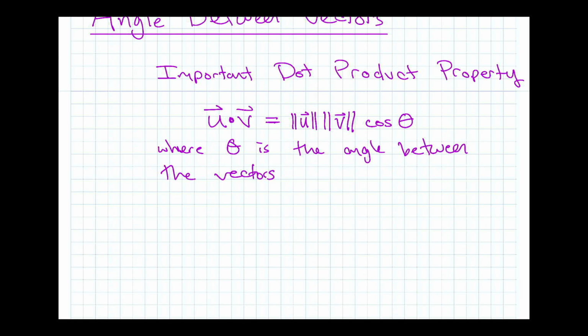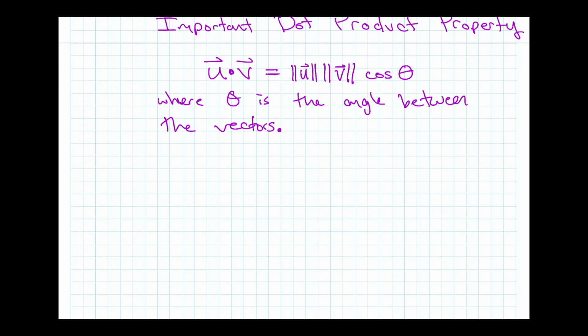Okay. So the proof is a little bit complicated for this because it involves using the law of cosines and a bunch of algebra. It's in the book though, so you can look at it if you want. So the proof uses the law of cosines. You end up drawing a triangle and measuring the sides of a triangle.